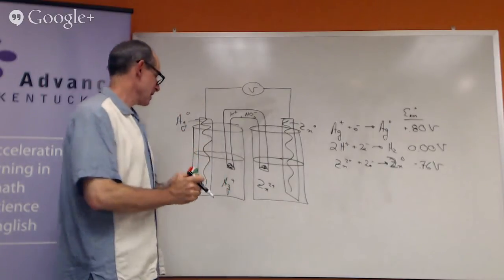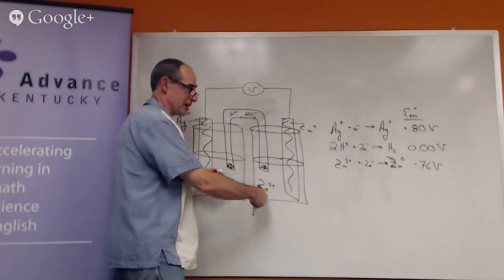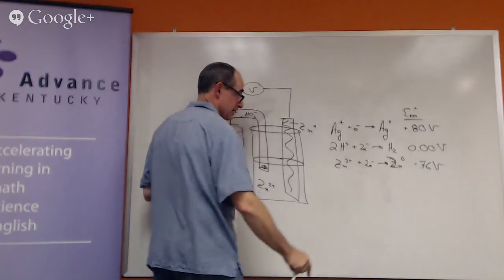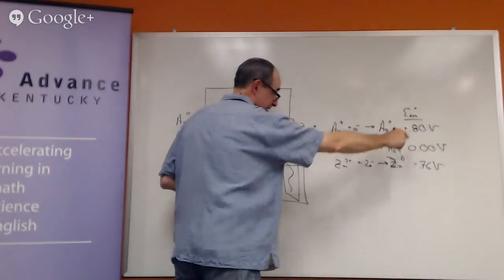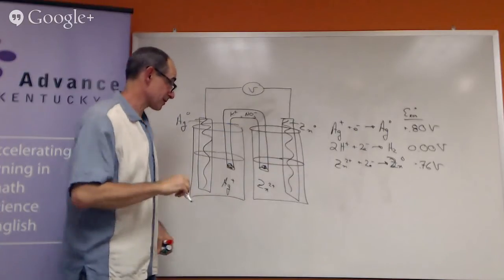So we decide which of these species has a stronger attraction for electrons, and it's clearly the silver. The reduction potential is a measure of how strongly this species on the left attracts electrons.